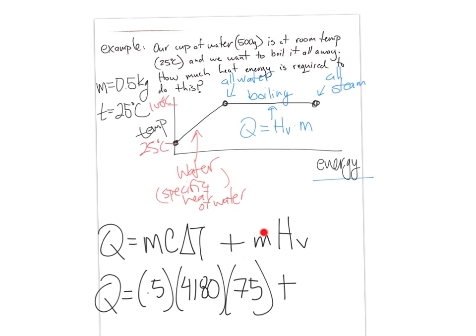And then plus, the amount of water that we are boiling away is still 0.5 kilograms. And our heat of vaporization of water, I forget and I can't go back, so I'm sitting in front of the computer, I'm going to look it up. Heat of vaporization for water. Hopefully the internet is trustworthy. I'm seeing 75.3 joules per Kelvin.